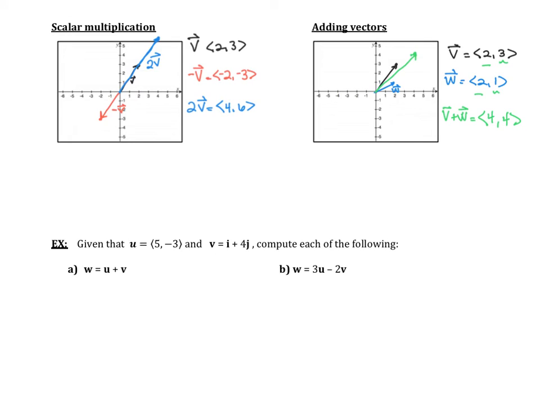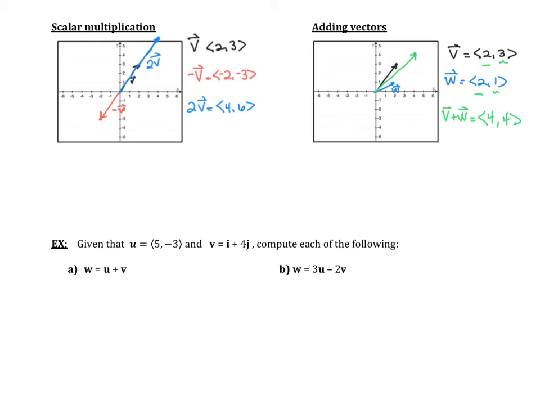Where does that come from if we look at it graphically? Well, if I were to pick up this vector W, and take the initial point of it and connect it to the ending point of my original vector V, with the same magnitude and same direction.